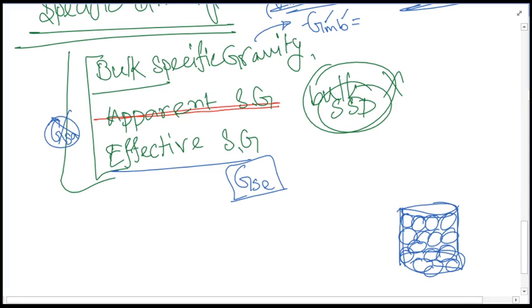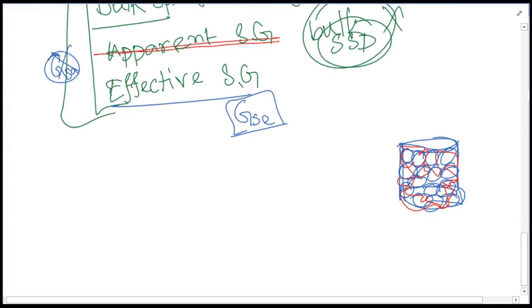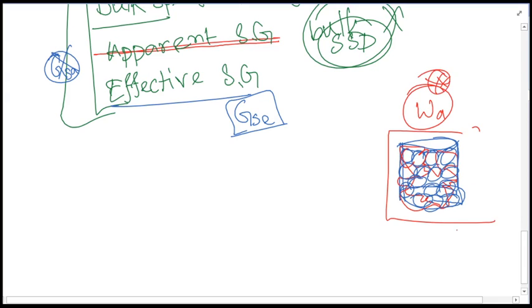That's why we are calling this a mixture. We'll first take the weight in air of this mixture. That will be called WA. You will also have to use this in your experiment, so please focus on this seriously. This is WA, the weight of the total sample in air.